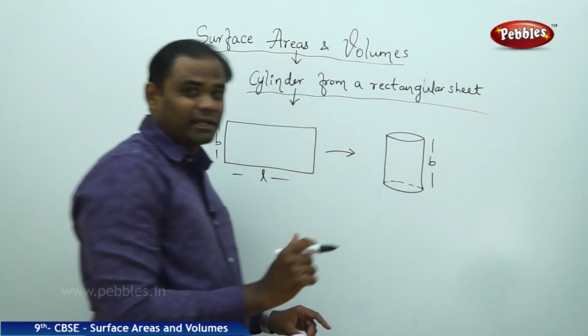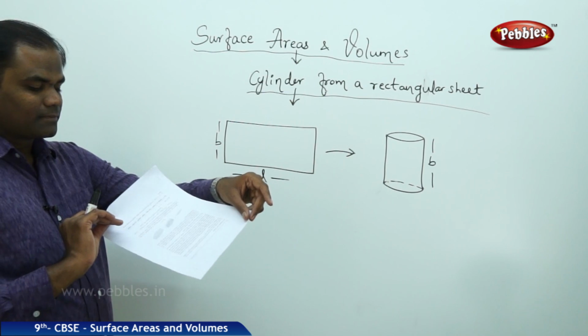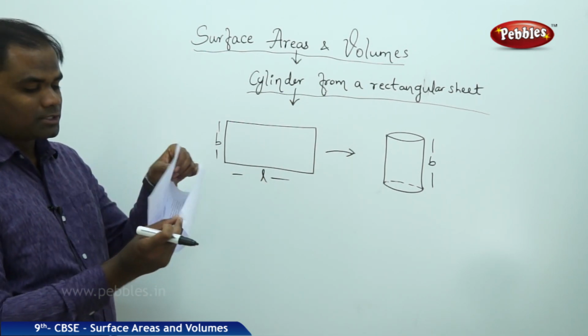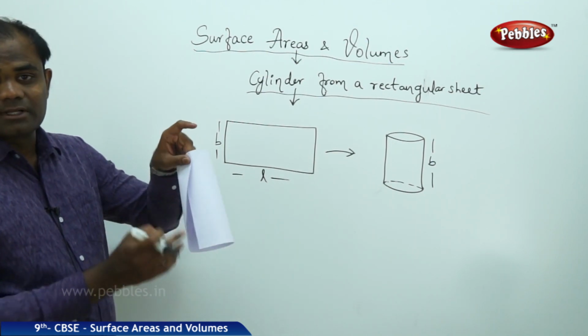The breadth of the rectangle will be the height of the cylinder, because as clearly seen, this is the length and this is the breadth. So when I roll this, the height remains constant and doesn't change.